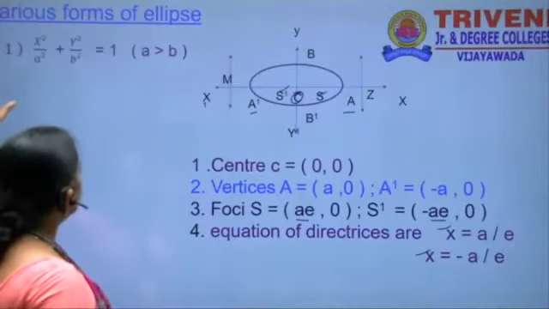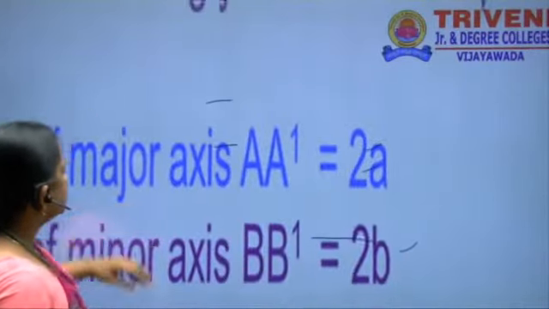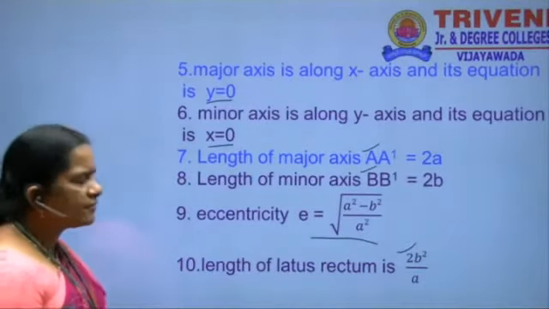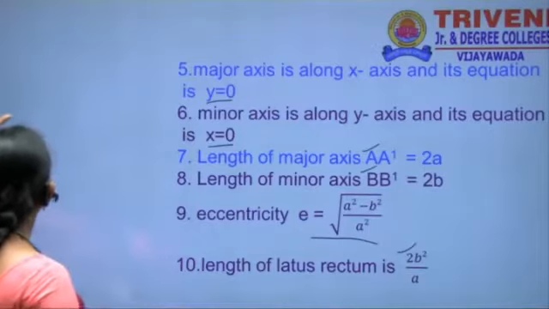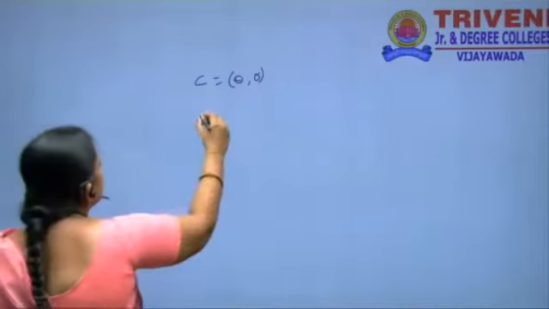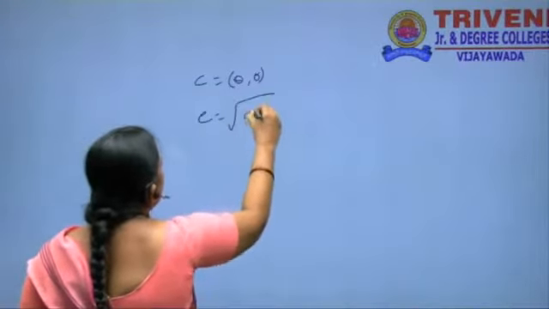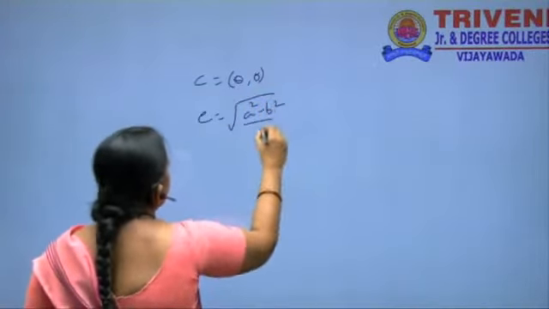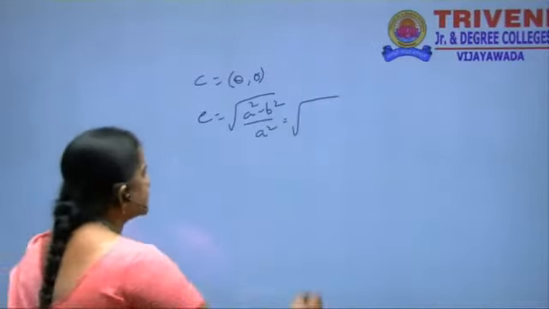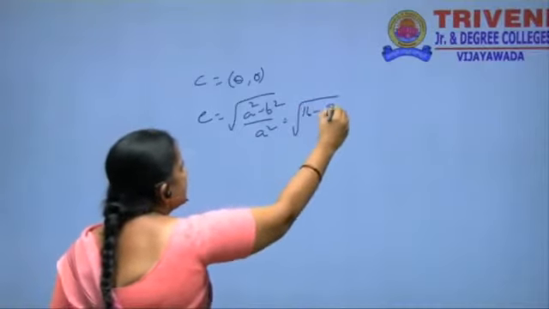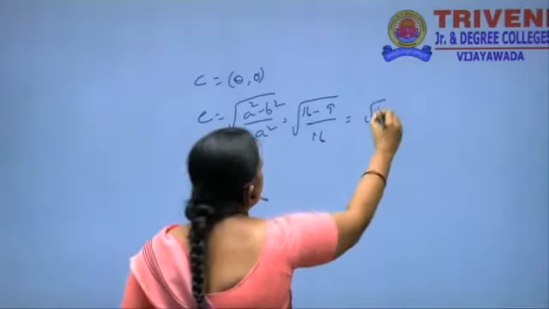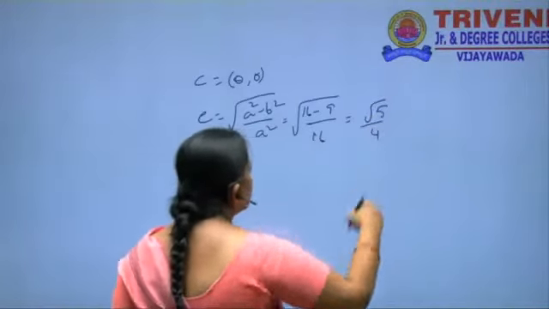First the value of e is square root of a square minus b square by a square. Already we know the value of a square is 16 and b square is 9, so square root of 16 minus 9 by 16. Here root 7 by 4.